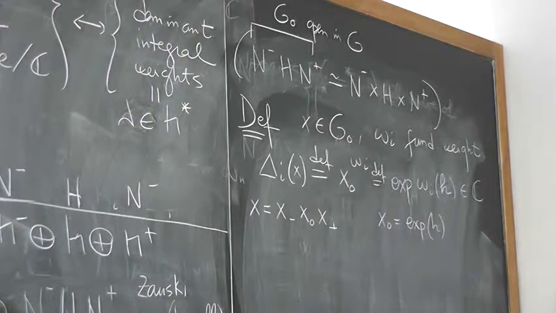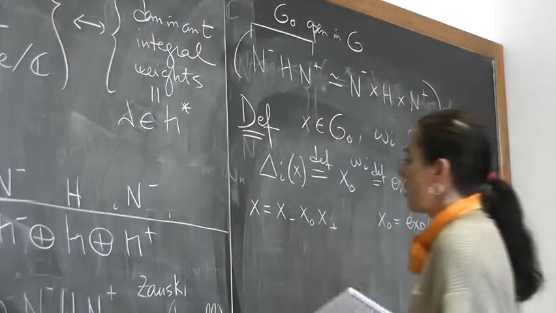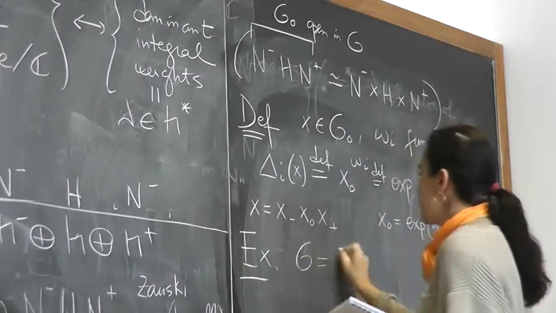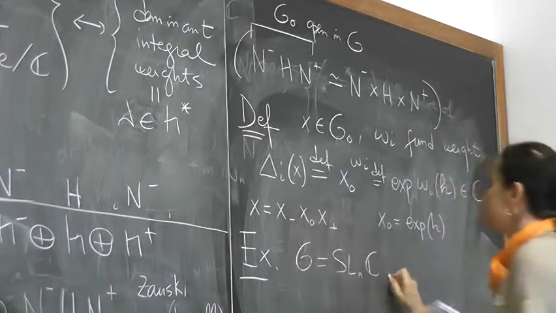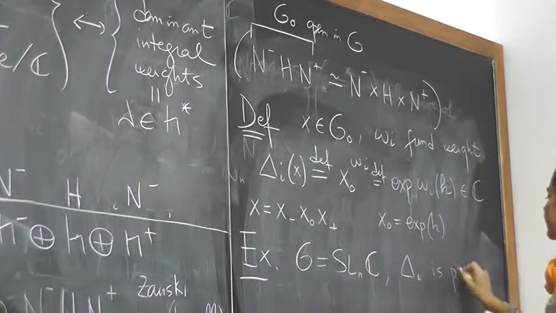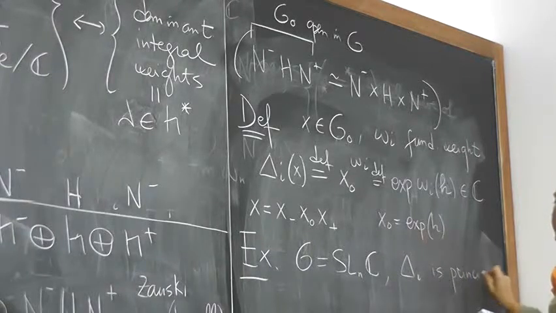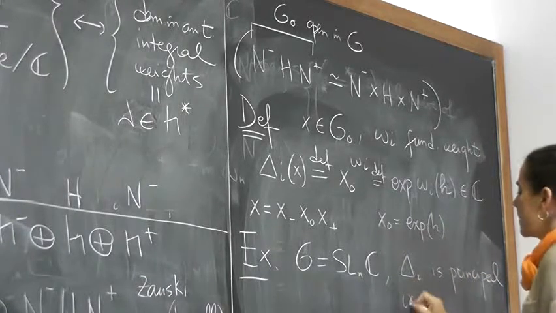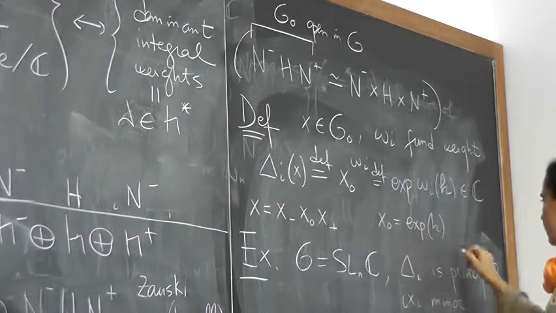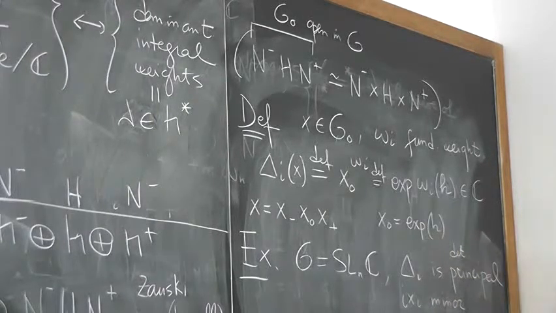We're going to do this calculation. So he says, for example, if G is SL_n(C), delta I is the principal I times I minor, the determinant of the principal I times I minor.